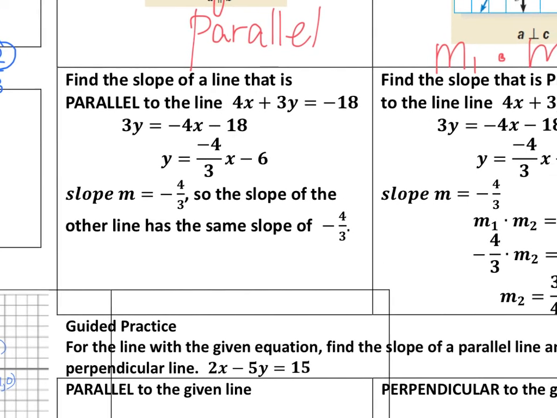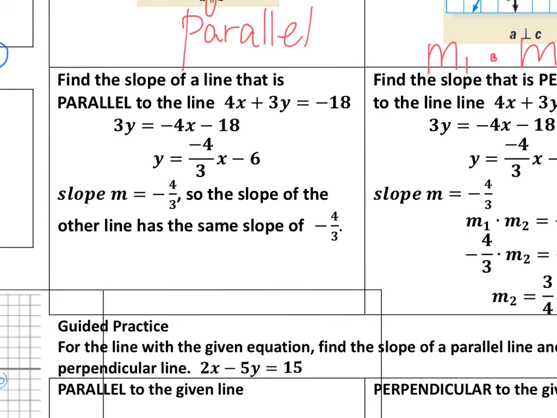Find the slope of a line that is parallel to the line 4x plus 3y equals -18. Now we need to rewrite this linear equation in slope-intercept form by subtracting 4x from both sides of the equation to get 3y equals -4x minus 18.